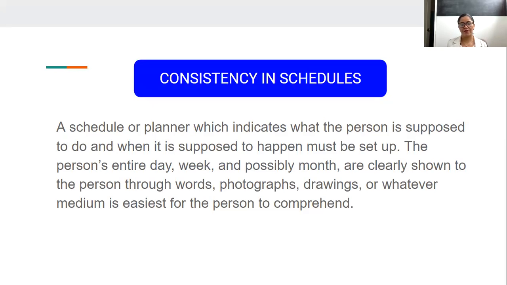So the person's entire day, week, and possibly month should be clearly shown to the person through words or photographs or drawings or whatever medium is easiest for the person to comprehend. Of course, it is up to us to know our students well so that we know exactly which kind of support they need.